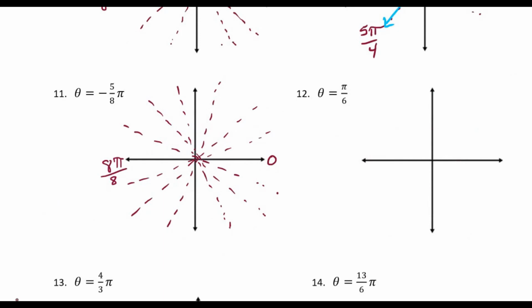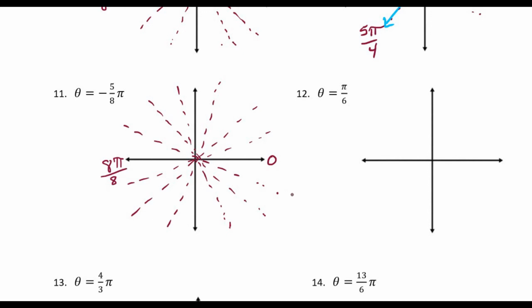Okay, on problem 11, you can see I've already divided my grid into 8 sections for the part that is above the x-axis and 8 sections that's below the x-axis. And notice that my angle measure here is negative, so I need to be going in a clockwise direction.